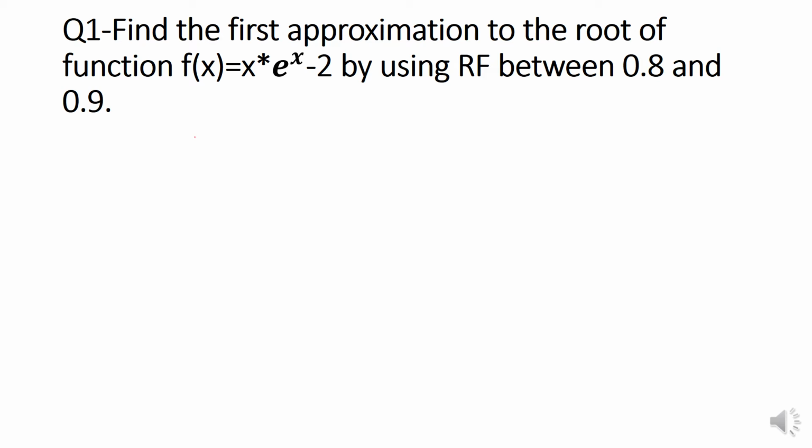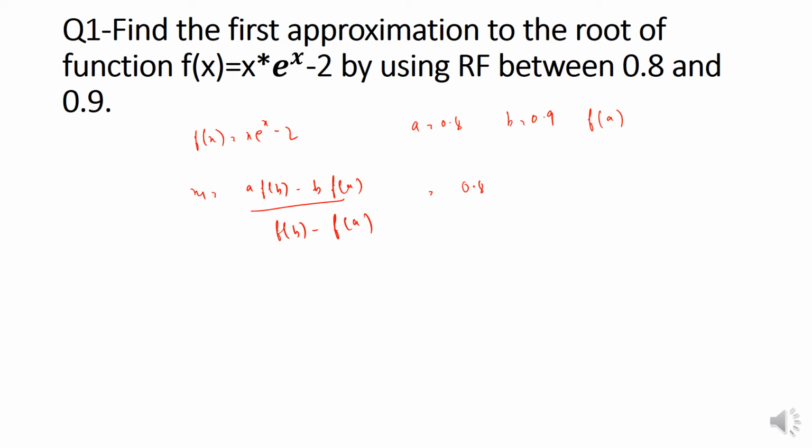Now let us see the answer to this question. As we know, f of x is equal to x e power x minus 2. Now x1 is equal to (a into f of b minus b into f of a) by (f of b minus f of a). Substituting the values, a is 0.8 and b is 0.9, f of a is minus 0.21 and f of b is 0.21.